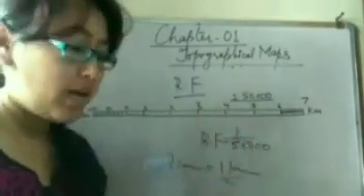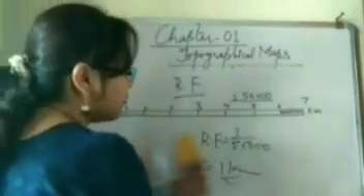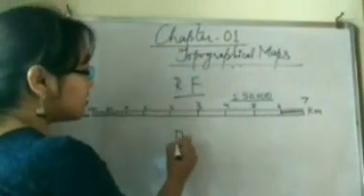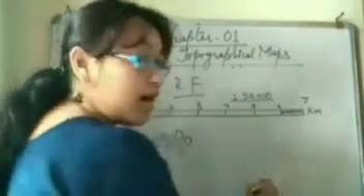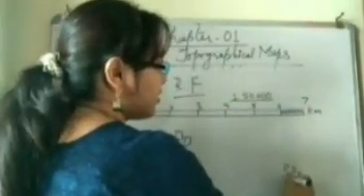This is your scale. Now let's see how we'll find out the distance between two settlements. Let's suppose the two settlements are like this, and another settlement.